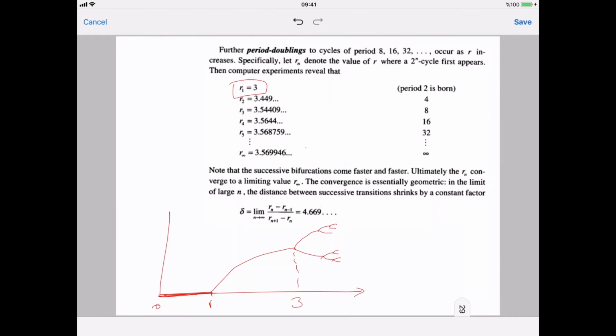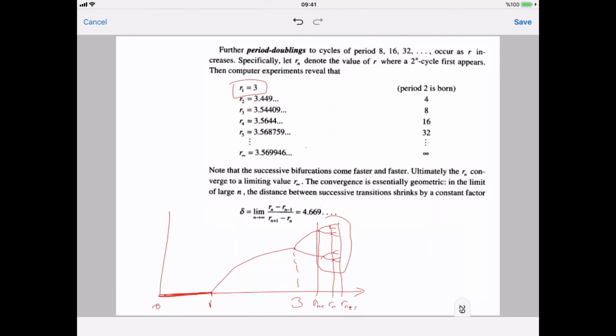So what Feigenbaum realized is that if you look in very much detail when these period doublings occur, then you will realize that, let's say this is R_{n+1}, this is R_n, this is R_{n-1}.